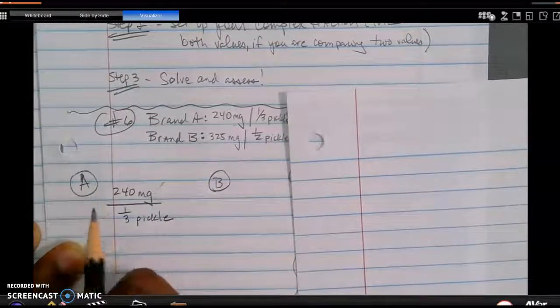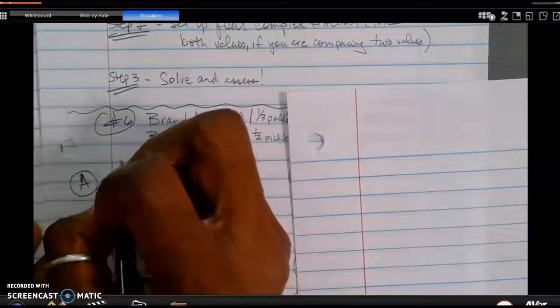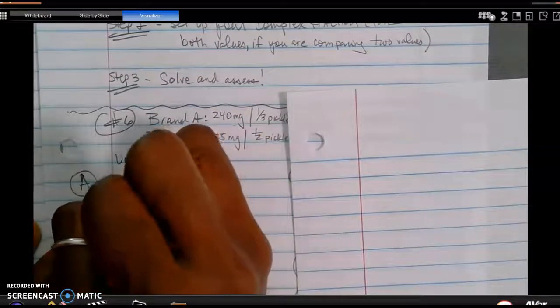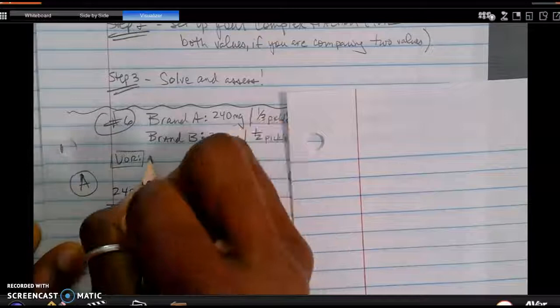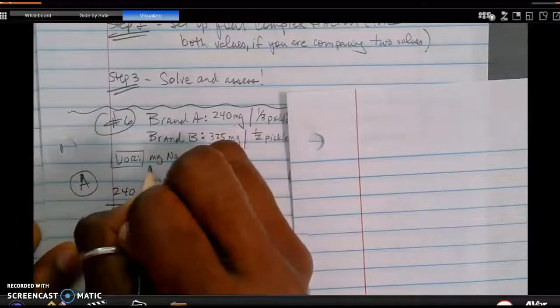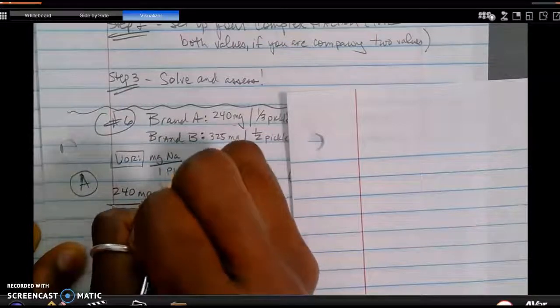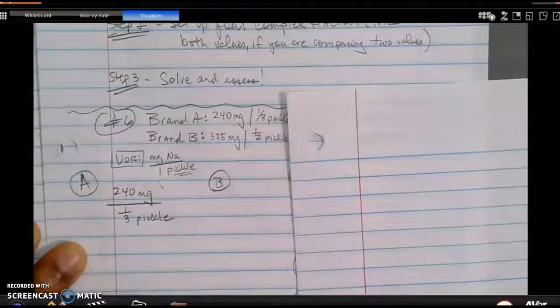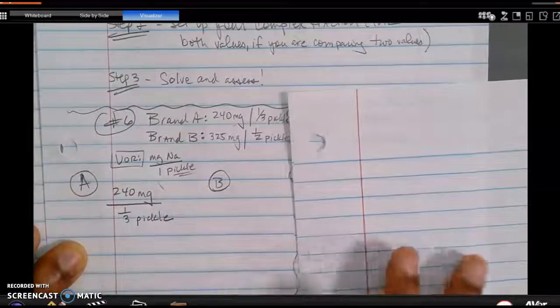Or would I say pickles per milligram? I'm going to say milligrams per pickle. So my units of rate, which I'm going to say UOR, would be milligrams of Na, that's sodium, per 1 pickle. Okay, so that's what I'm trying to assess.